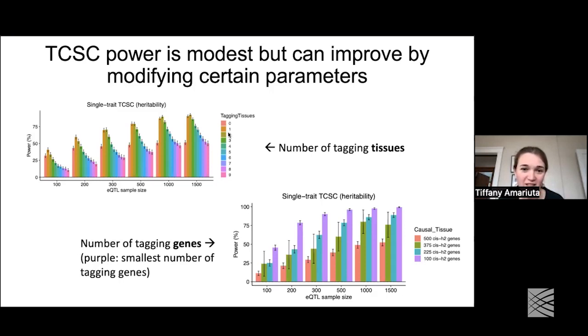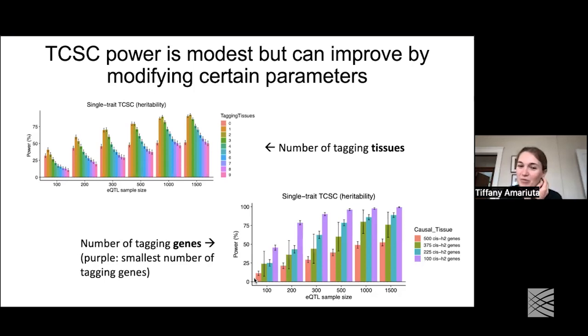If you had a model with, let's say, only 2 tagging tissues, it would be much easier to identify the true causal tissue. Likewise, in terms of the number of tagging genes, if there are fewer tagging genes in the causal tissue, it is easier to identify which is the causal tissue, because all of the TWAS chi-square statistics that we have for the causal tissue are coming from a causal gene.